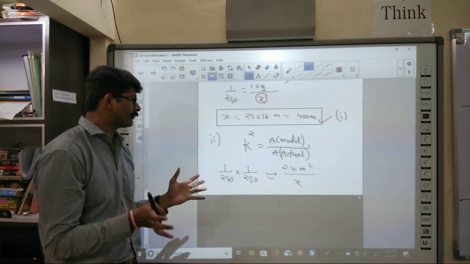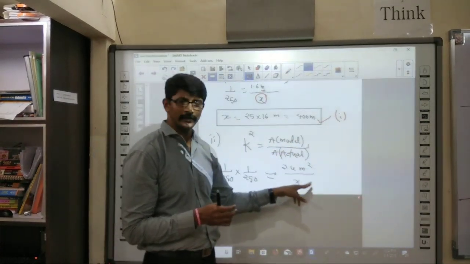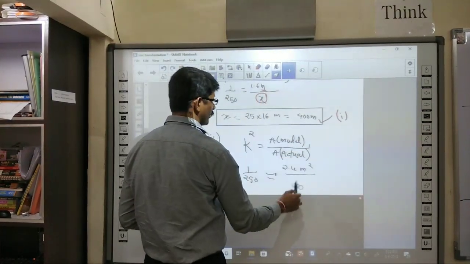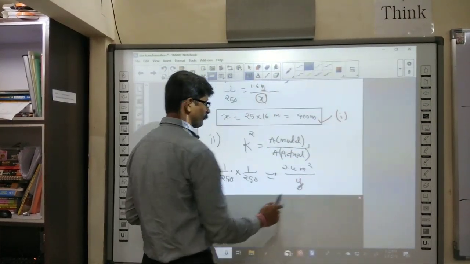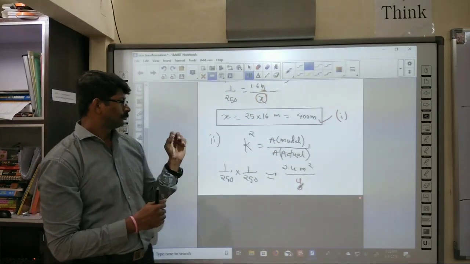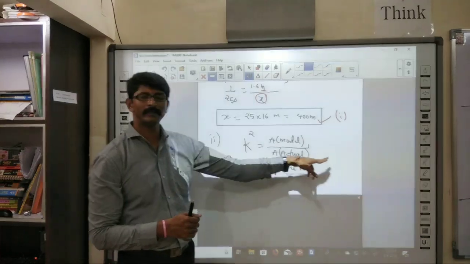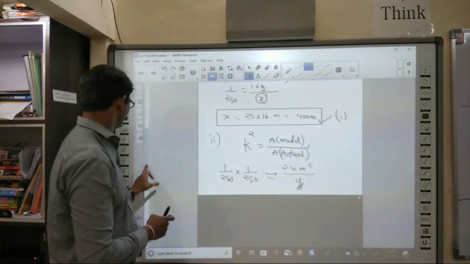And what we have to calculate? Area actual. So for area actual, I had written x over here, so I'll just cancel it and I'll write y. So how are we going to calculate this y? Y will come over here, 250 into 250 will go to the other side in the numerator.